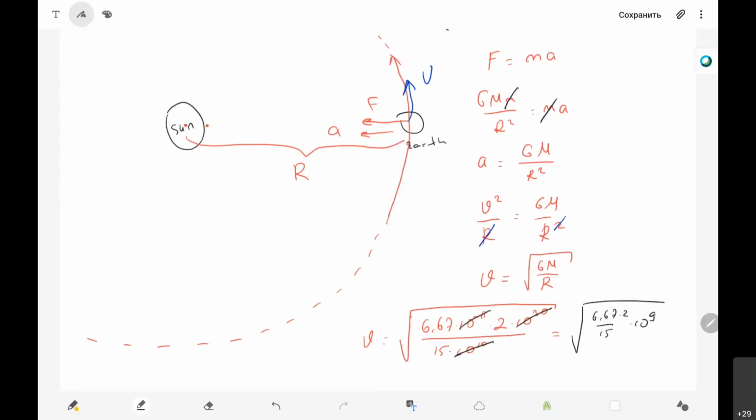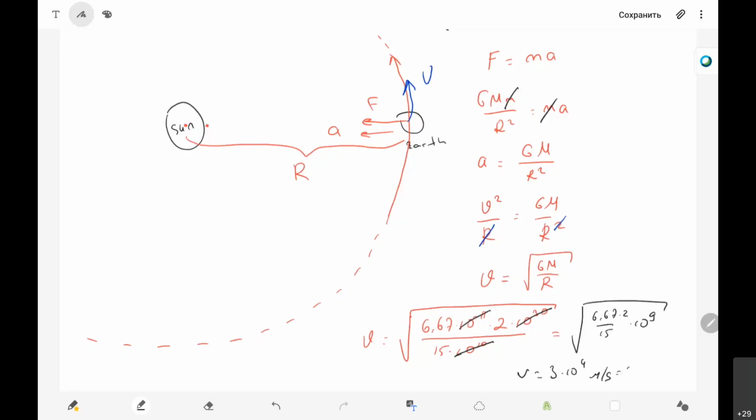So from here, the velocity is approximately the square root, about 3 times 10 to the power of 4 meters per second.